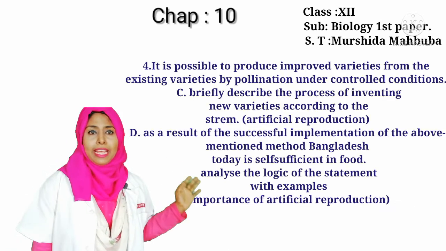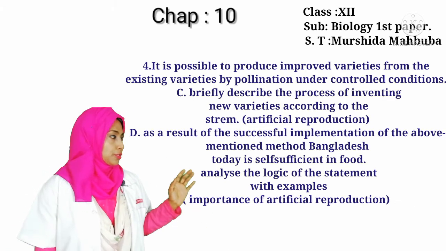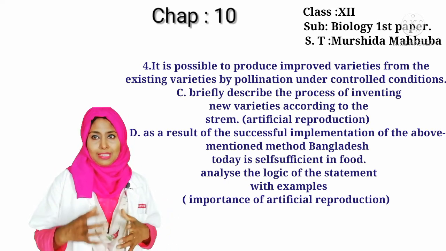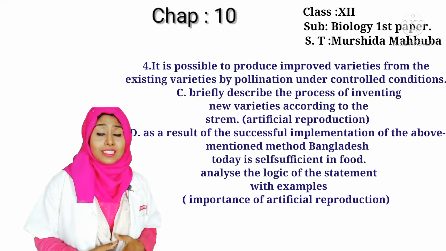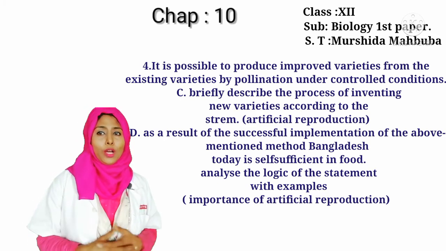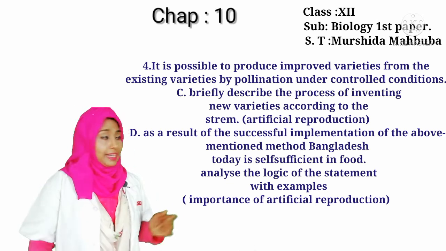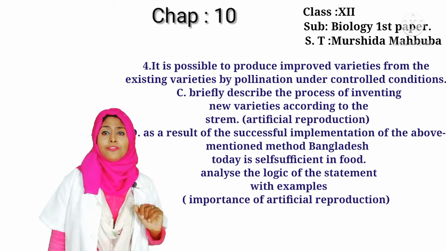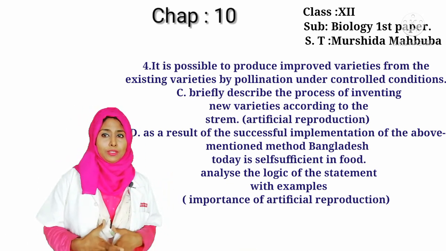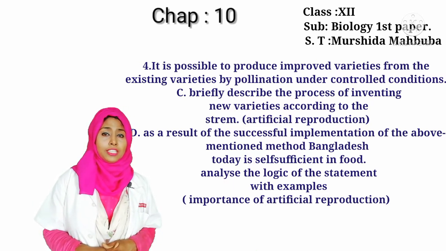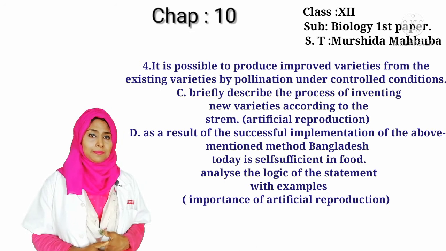Dear students, our next question is: it is possible to produce improved varieties from the existing varieties by pollination under controlled conditions. Briefly describe the process of inventing new varieties according to the stem.